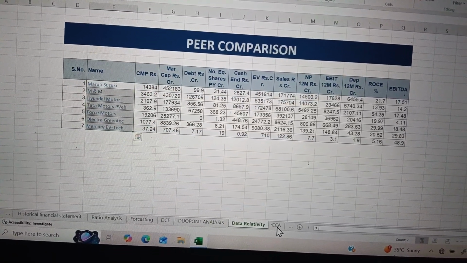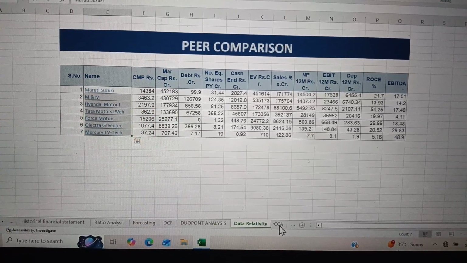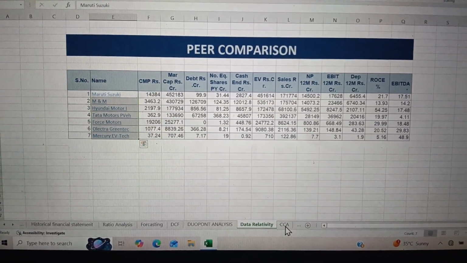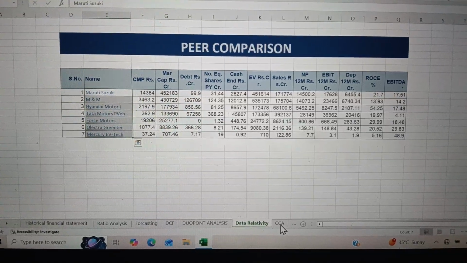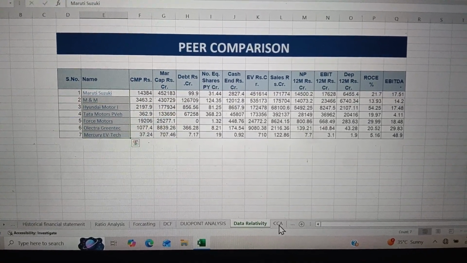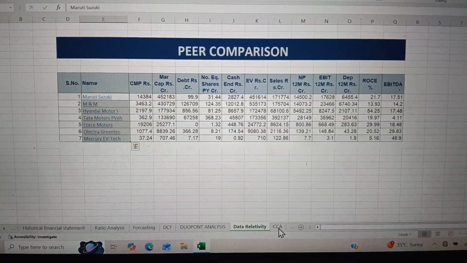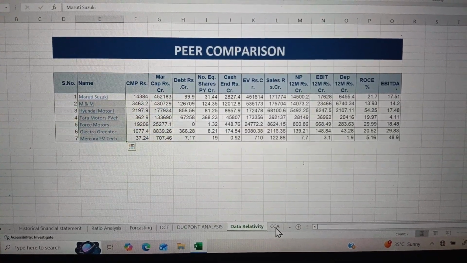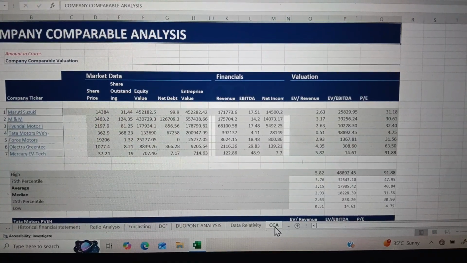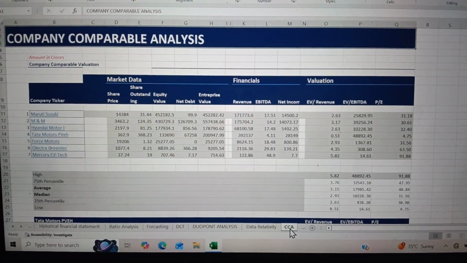Next, we are moving to data relativity. Here we have completed the peer comparison, which means the comparison of the company with the other competitors on the basis of different factors like current market price, market capitalization, debt, number of shares, cash flow, sales, net profit, EBIT, and depreciation. Now we are moving ahead to company comparable analysis.